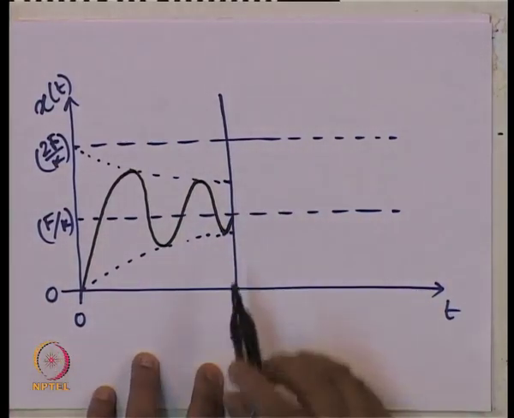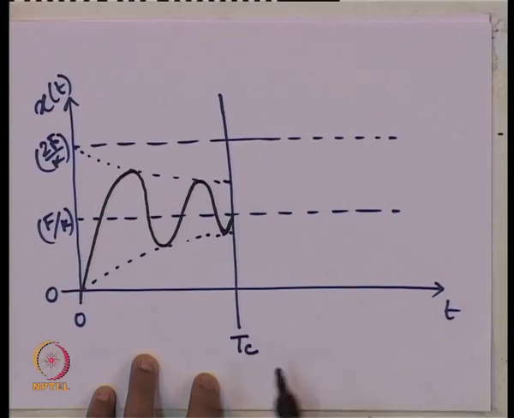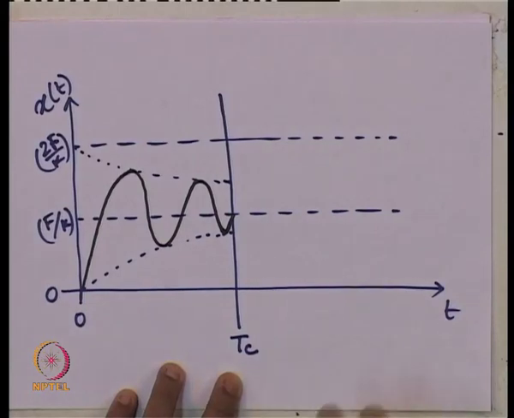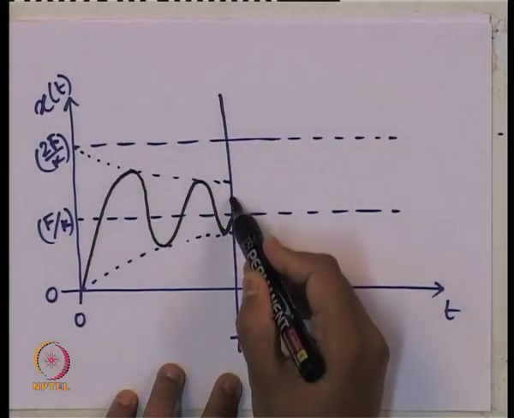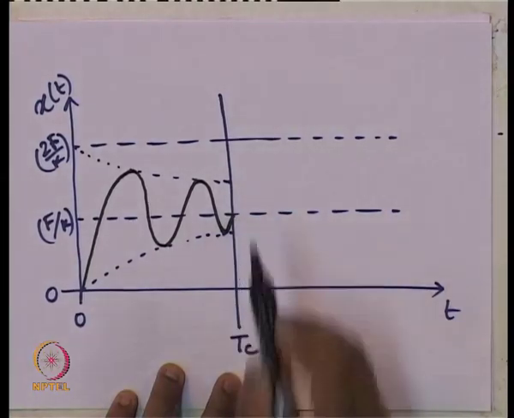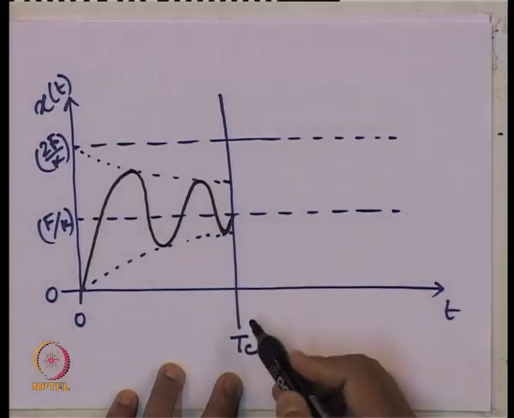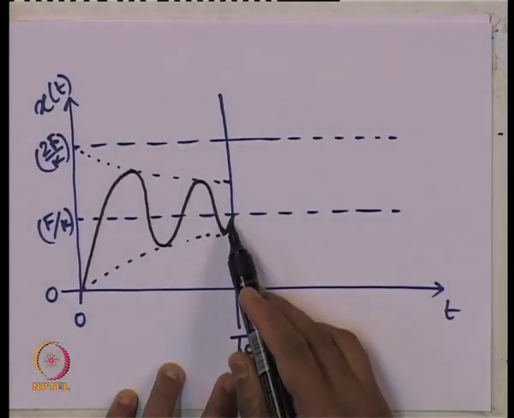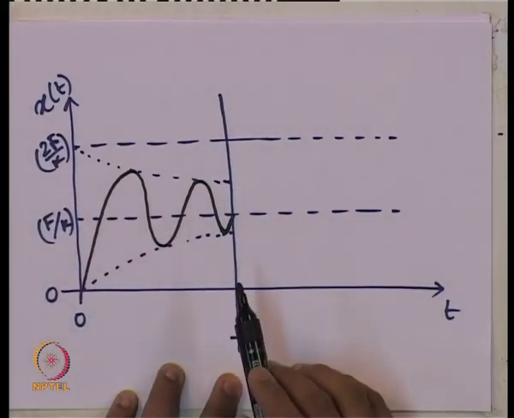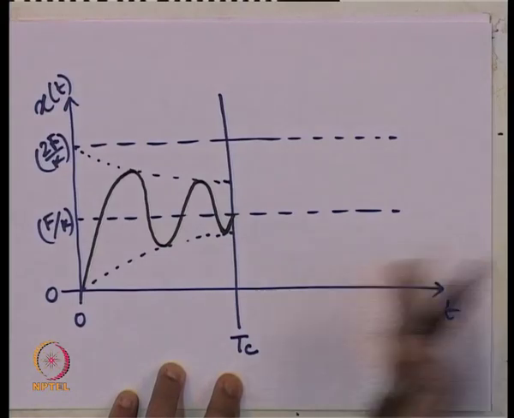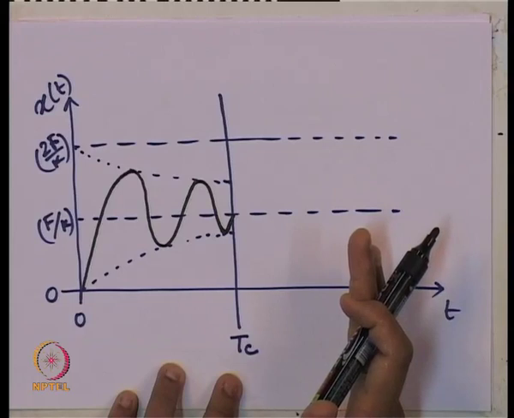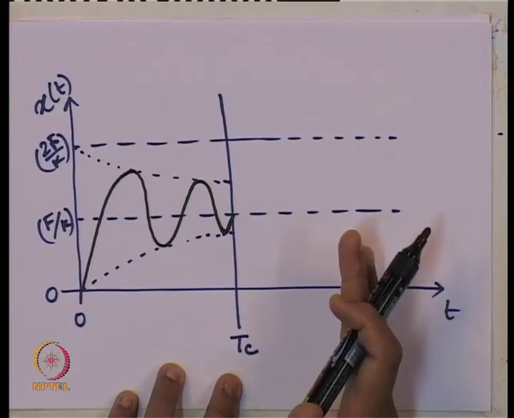So, the function will move like this. Now, what happens here? When it reaches T c at this point, we have some displacement. It can stop here, it can stop here, it can stop here within this range. I have stopped somewhere, for example, here. So, it has this as the initial displacement, and whatever be the slope is the initial velocity for this second part, that is beyond time t greater than T c. Now, how should it vibrate or oscillate?